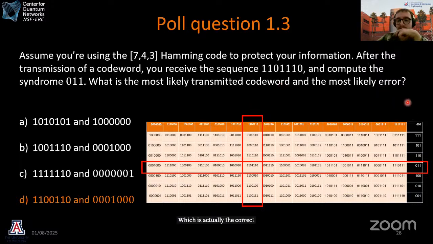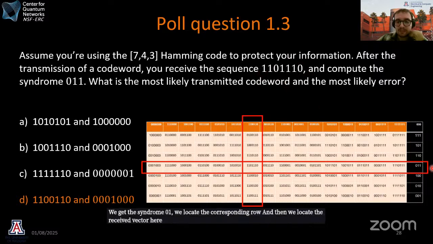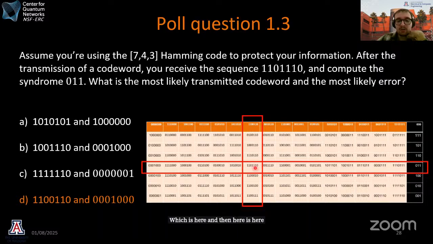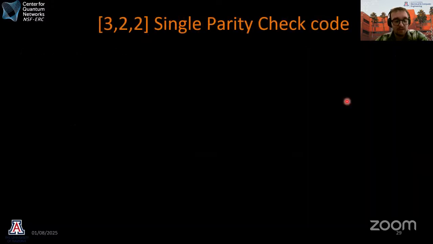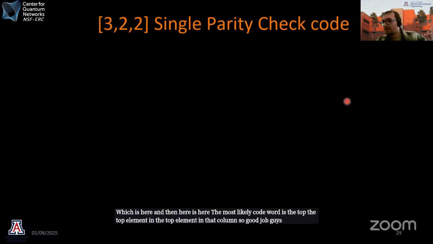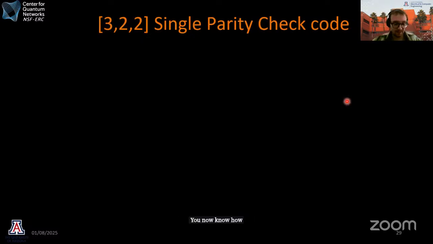So we get the syndrome 0 and 1, we locate the corresponding row, and then we locate the received vector in this row, which is here. And then the most likely code word is the top element in that column. So good job, guys. You now know how to do maximum likelihood standard array table decoding.